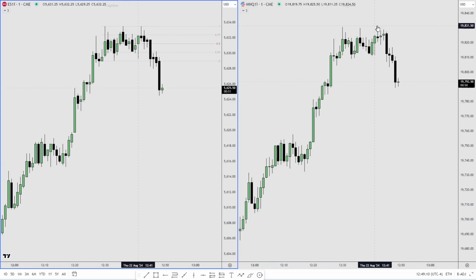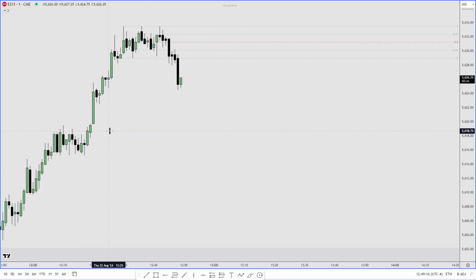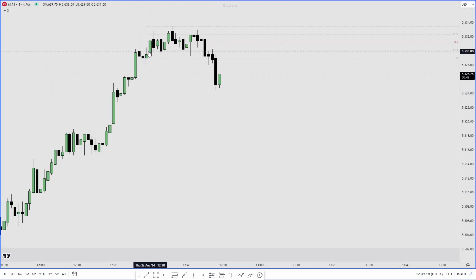Right, SMT on the highs, these two. Closing below this order block at this candle here. Trading up into half of it, close, and then it drops.